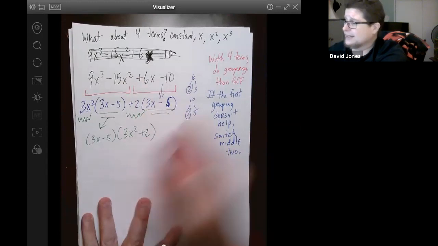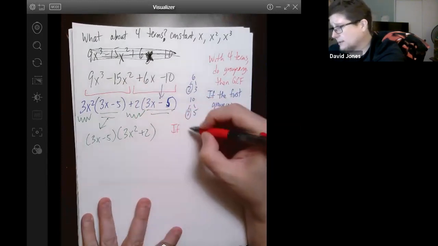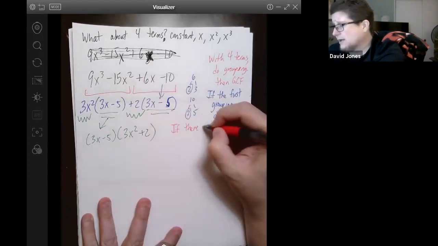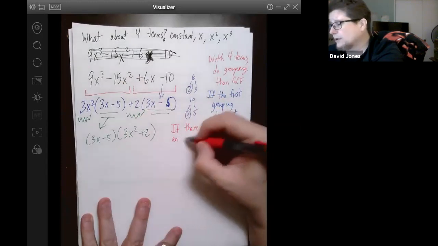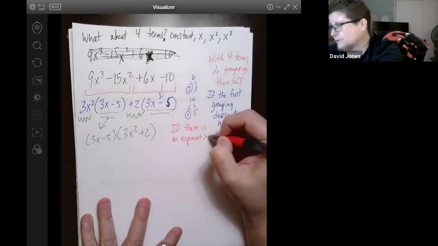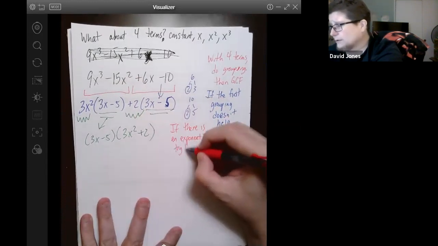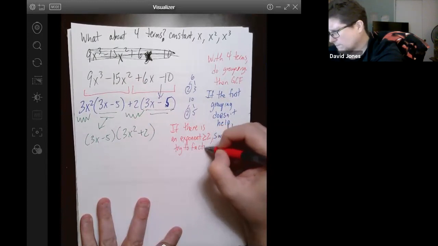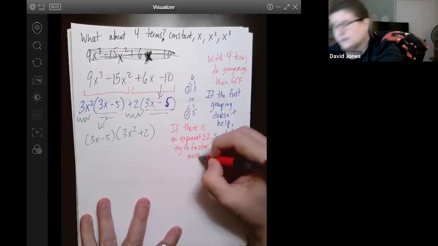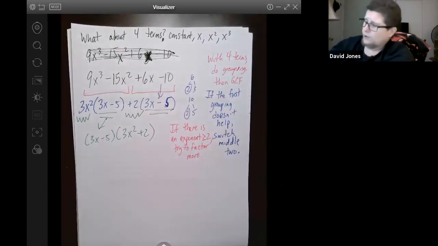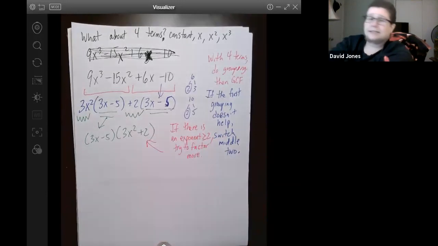If there is a square or bigger, an exponent of 2 or more, greater than or equal to 2, try to factor more. So try to factor that one, because it's got an x squared.